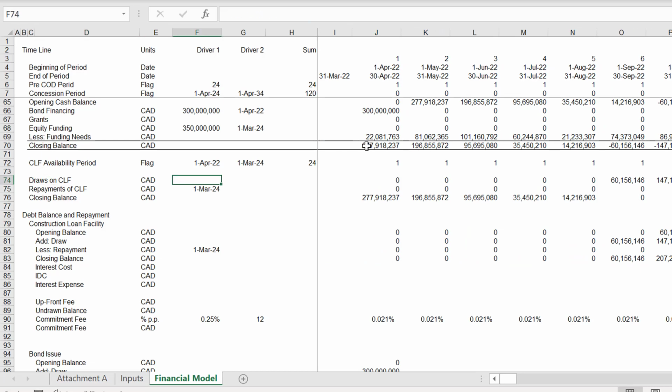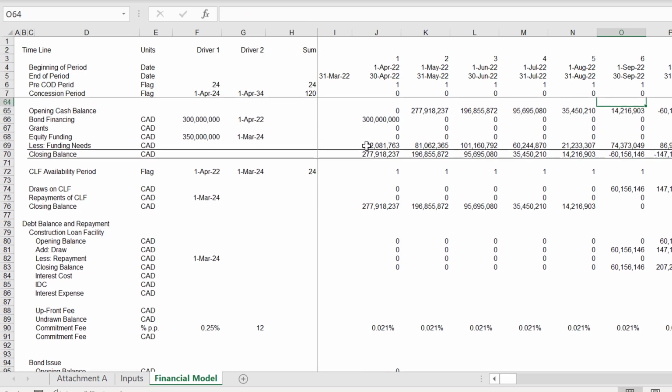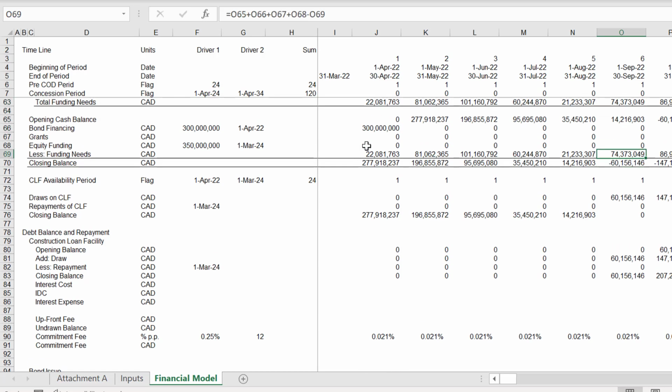So let's just see. I took the negative, and what we have to do is, if it's negative in this case, oh come on. What we need to do is we need to take the, God, I should have thought through this. This is the funding need.